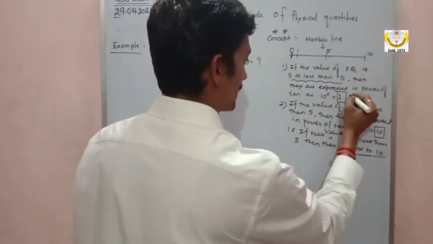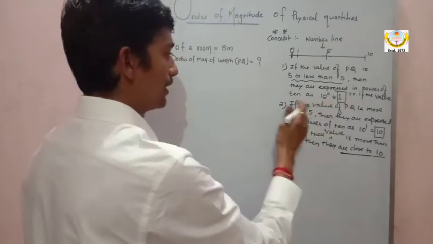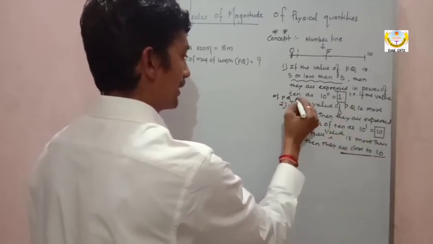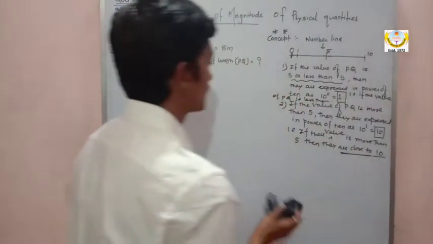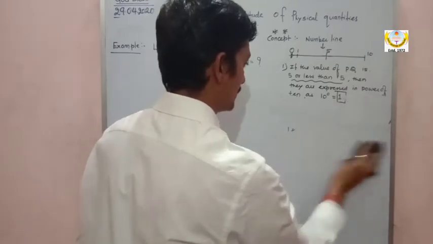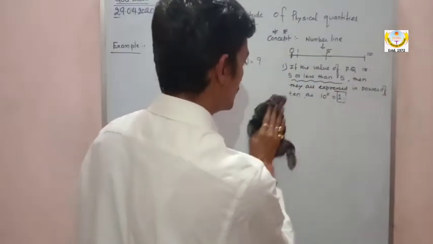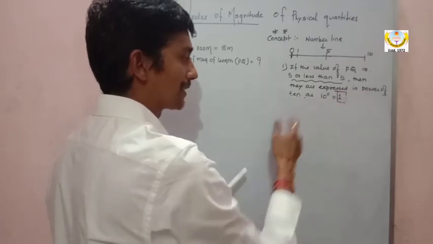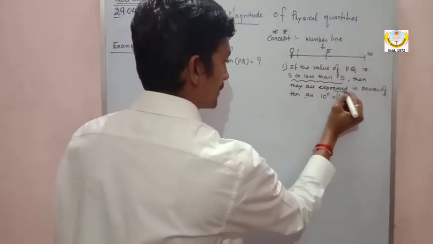If the value of a physical quantity is 5 or less than 5, then they are expressed in power of 10 as 10 to the power 0, that is equal to 1.